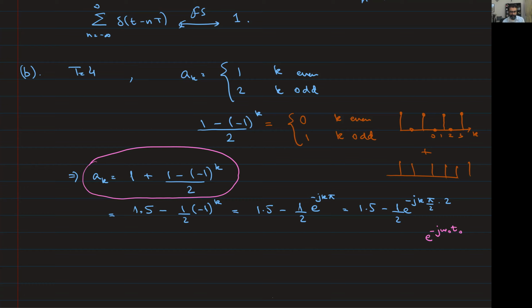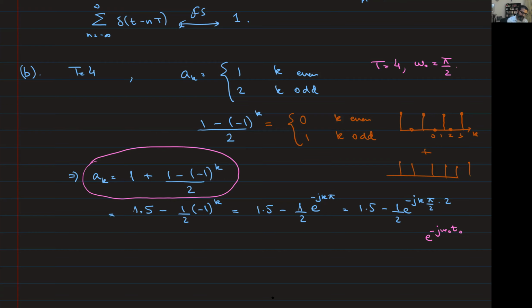Okay, Roshin. Sir, why did you multiply pi by 2 with 2? The reason is that for this particular problem, T equals 4, and omega naught therefore is pi by 2.